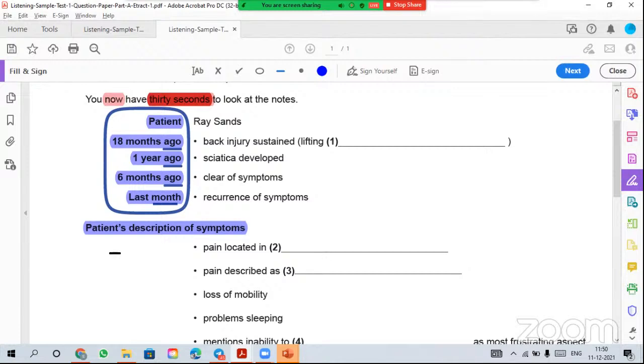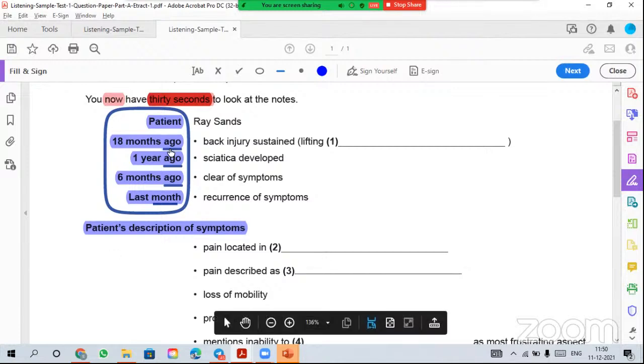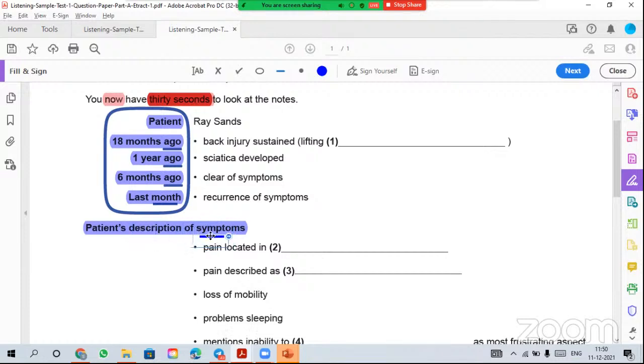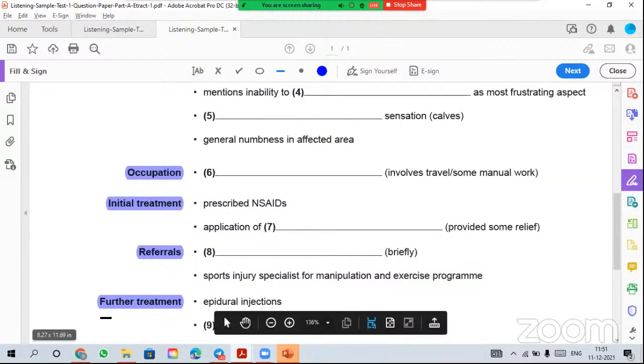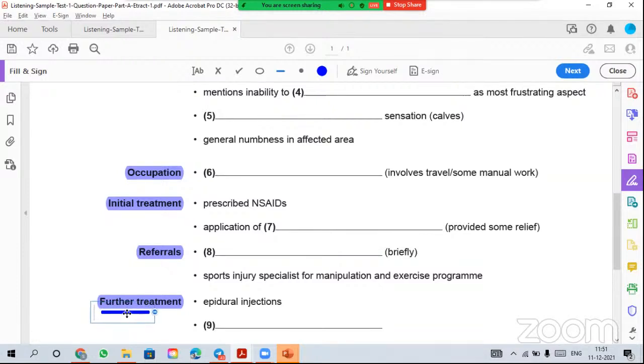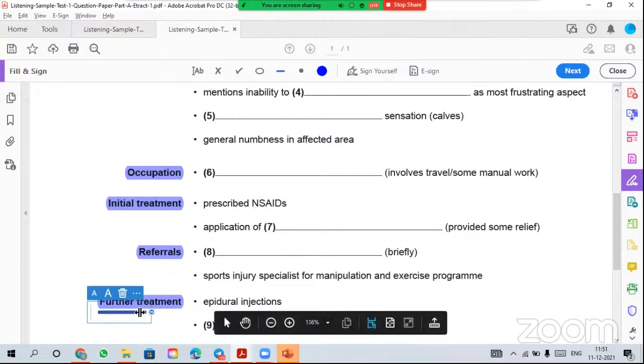This is past, and this is present: signs and symptoms. Then this is future. Further means future. How do you know that this is future? Because he is saying further. So past, present and future.